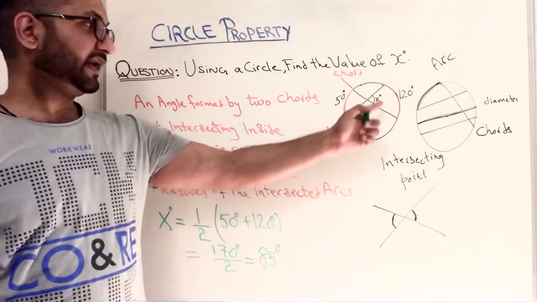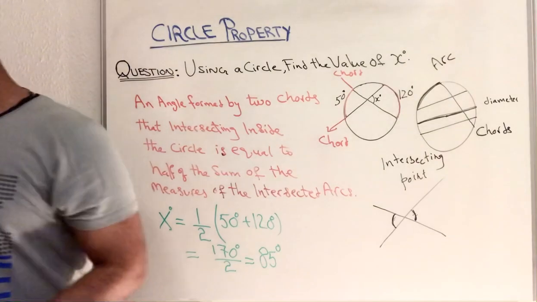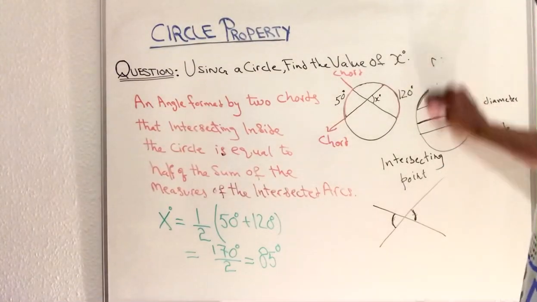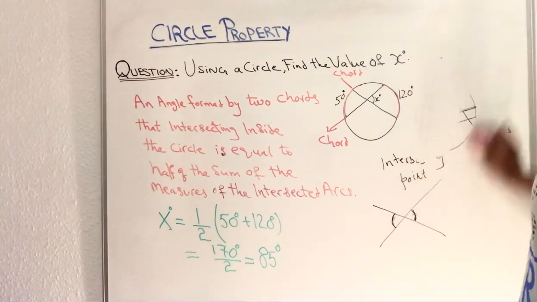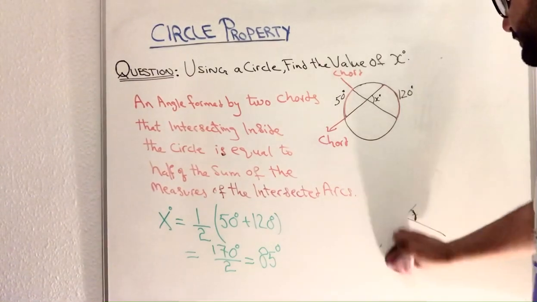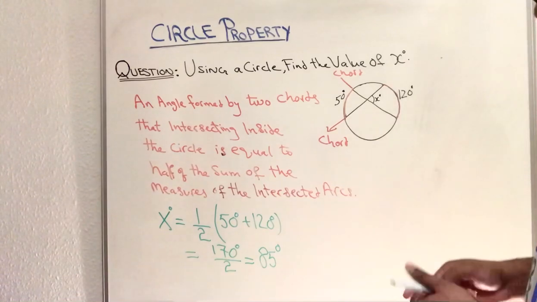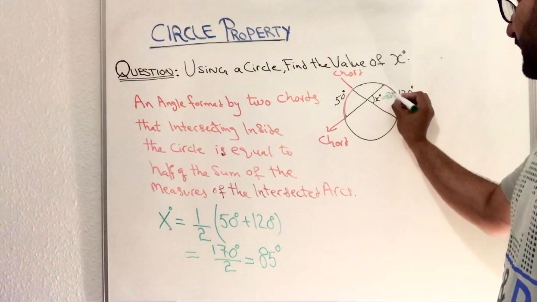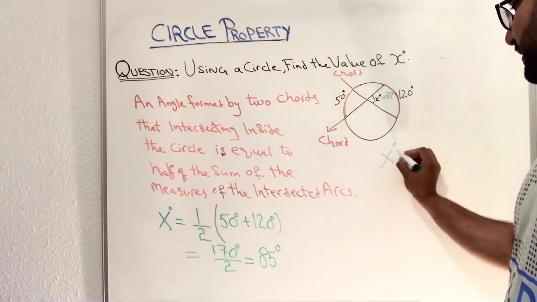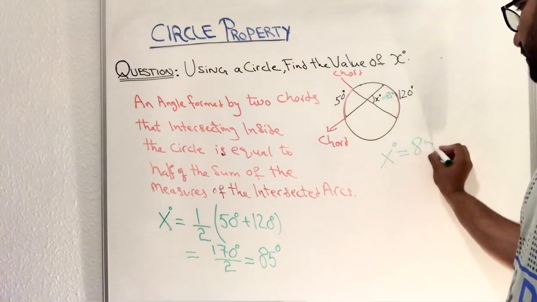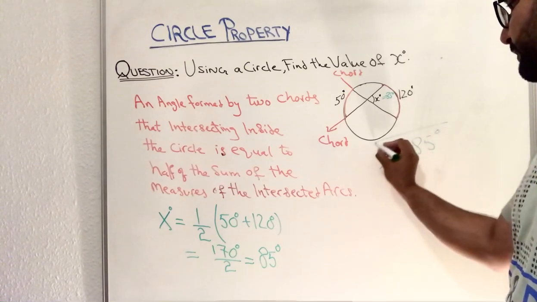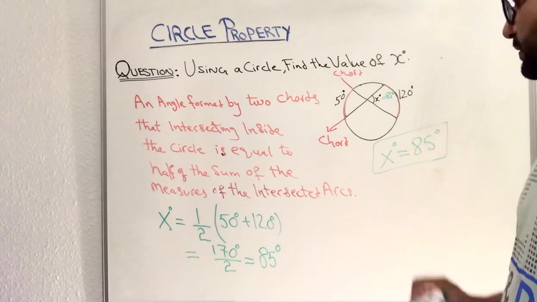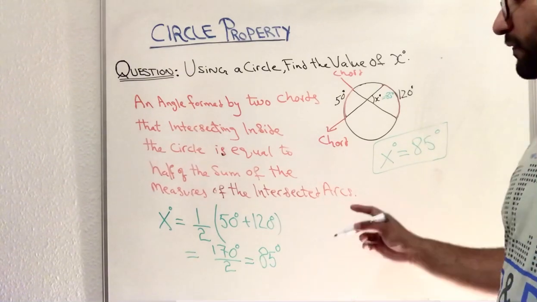So the value of x is 85 degrees. We already found the value of x, so x degrees is equal to 85 degrees. So this is the proof of that question.